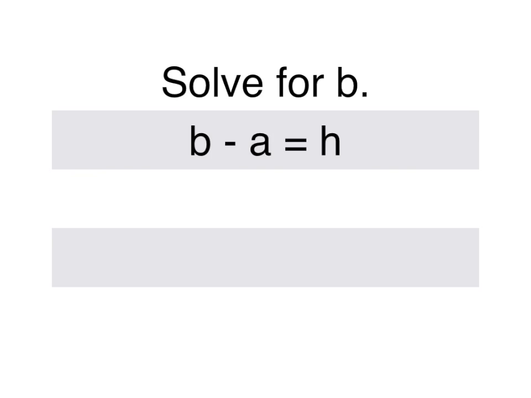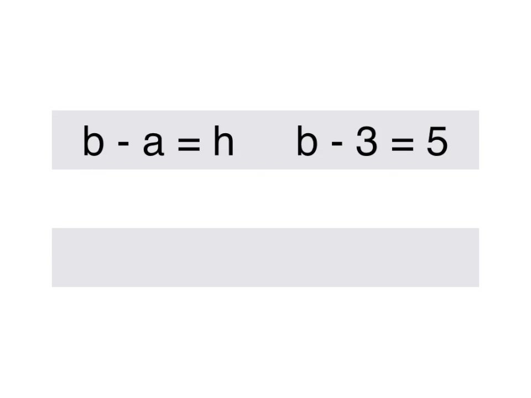Okay, number 7. Solve for b. b minus a equals h. One number minus another equals a third. So we're going to compare it to this one. So what would we do? b minus 3 is 5. To get the b alone, we add 3 to both sides.